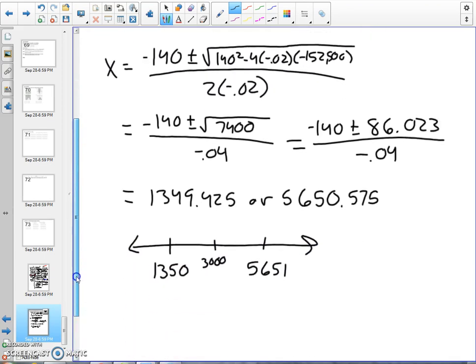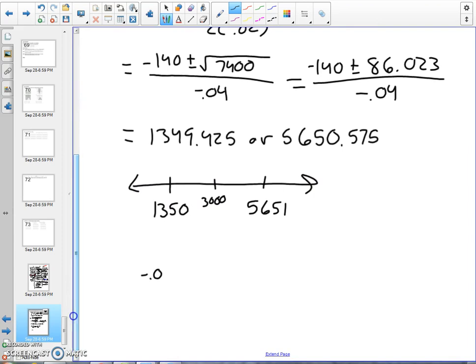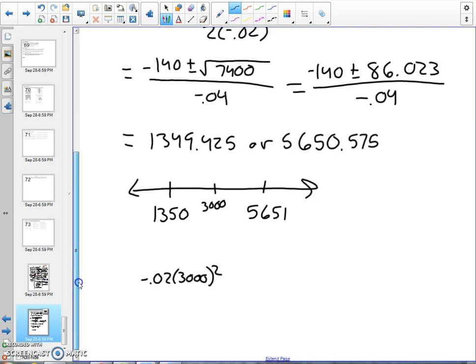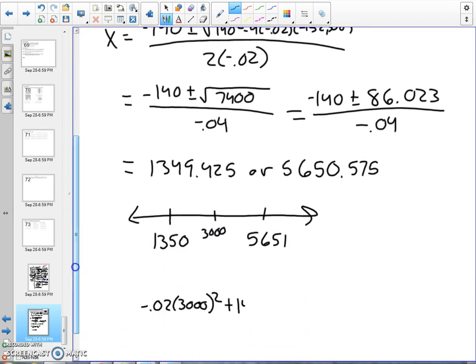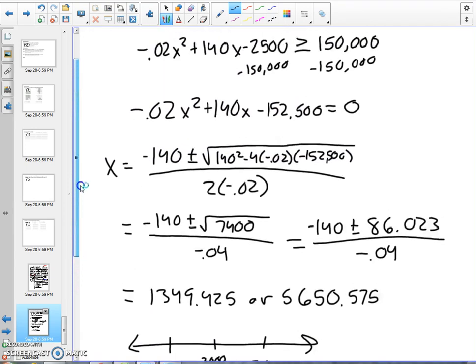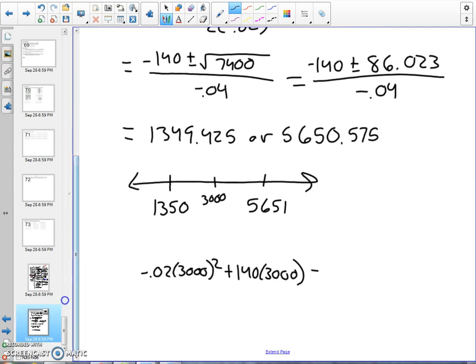So when I plug in 3,000, back into my original equation here, we want to get a value for that, see if it's true.